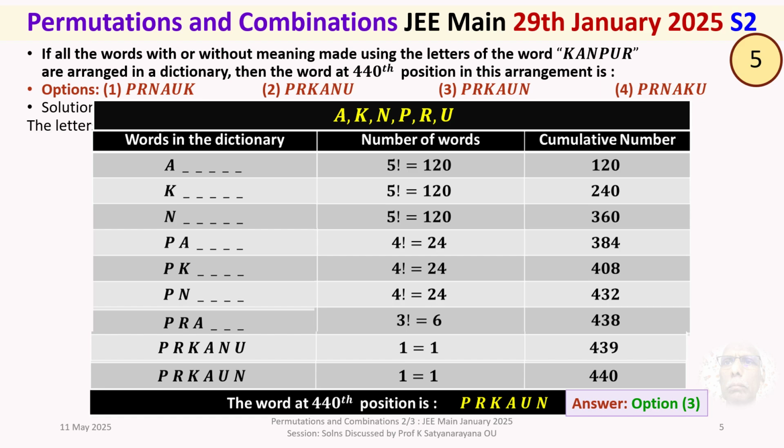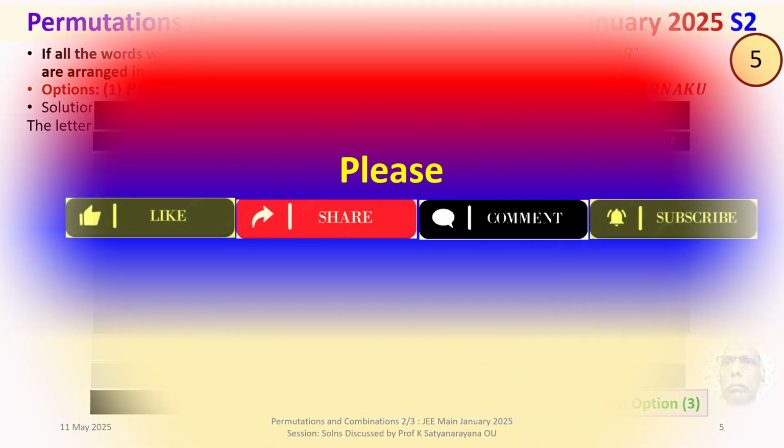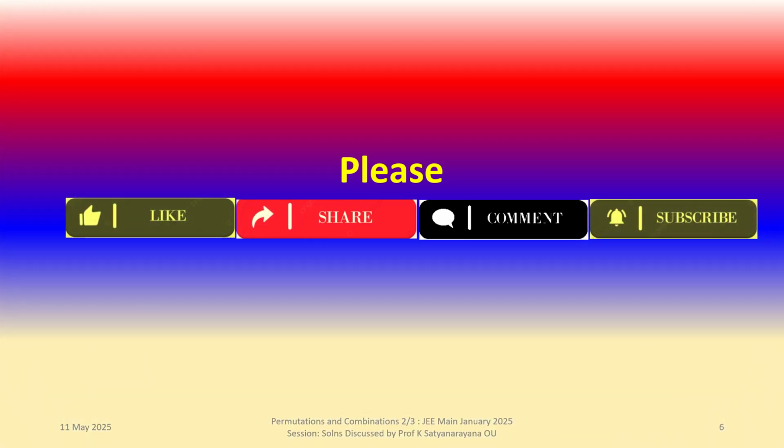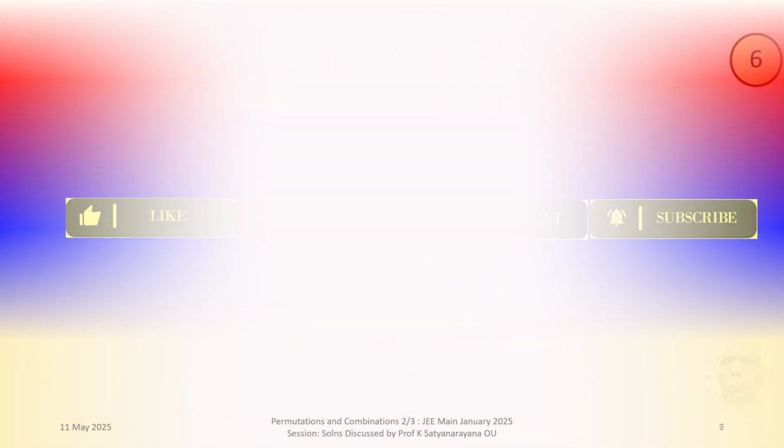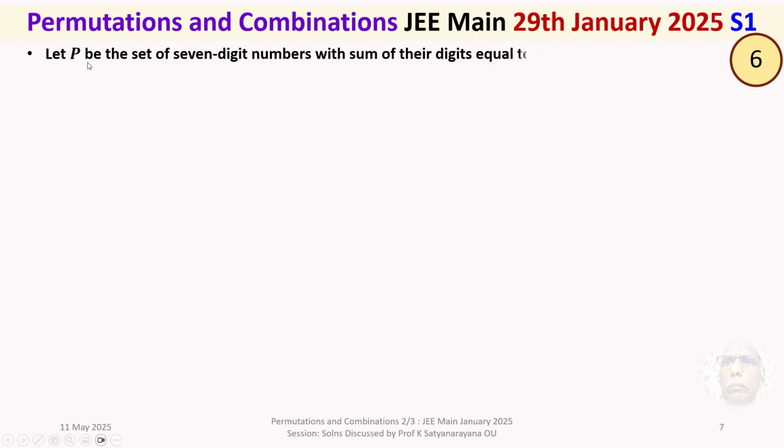We move to the next question. This is the question that has appeared in the JEE Main exam held on 29 January 2025 in the first shift. The given question is, let capital P be the set of 7-digit numbers with sum of their digits equal to 11.